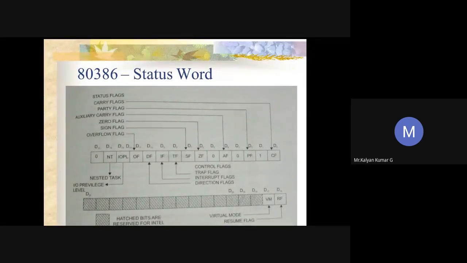I repeat, whenever this flag is set, the 80386 enters into virtual 8086 mode within the protected mode. When this flag is cleared or reset, the 80386 enters real address mode. This is the main difference.